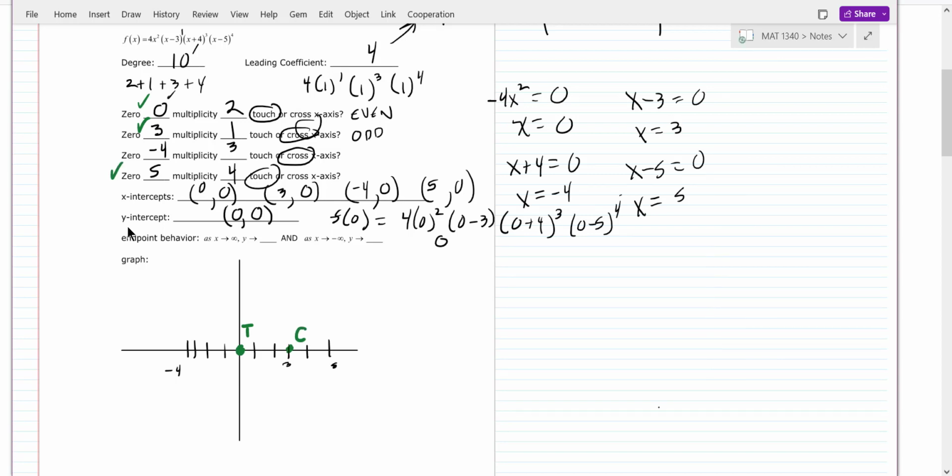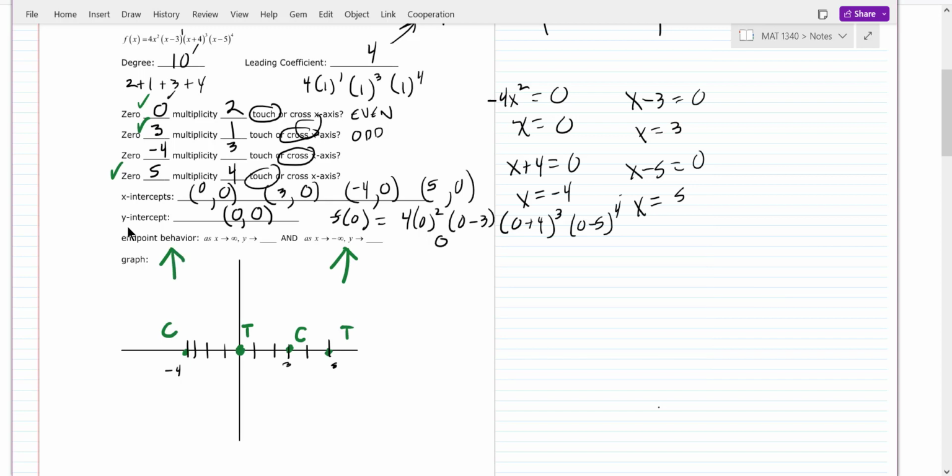I had a 0 at 5, and we said we're going to touch there, and we had a 0 at -4, and we conclude that we cross there. Now, we know because the degree is even and the leading coefficient's positive that this graph goes like that. And you use that information to put this together.